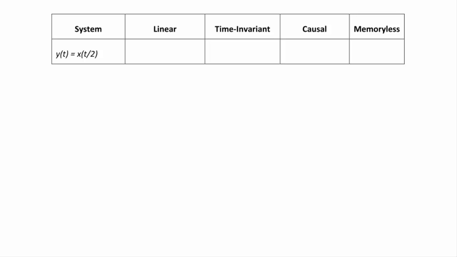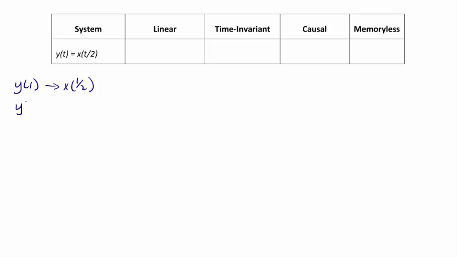All right, let's look at the next system, y of t equals x of t over 2. This time, in order to check that the system is causal, I'm going to put in some numbers. If I put in y of 1 as the output, then I know this has to be equal to an input of x of 1/2.